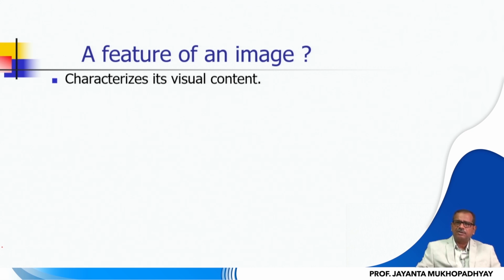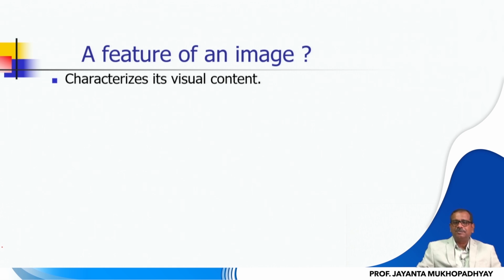Even from the machine's point of view, we require certain higher level characterizations. When it is simply a pixel with a brightness value, it does not convey the overall organization of what is there in the scene. That is why the visual content of a scene is different from the brightness distribution over the image.